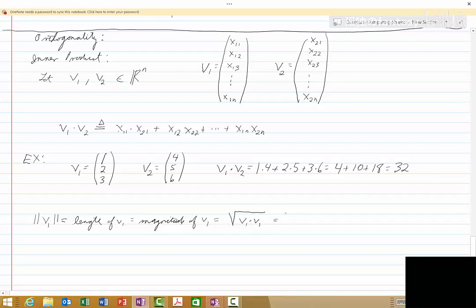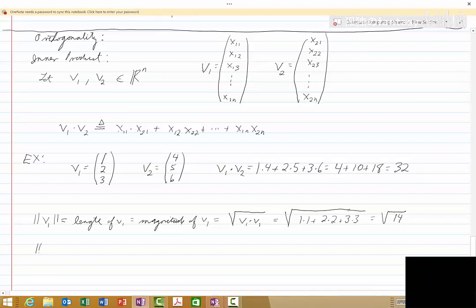So in this case, for the V1 that we have here, it would be the square root of 1 times 1 plus 2 times 2 plus 3 times 3, or 1 times 1 is 1, and 4 is 5, and 9 is 14.